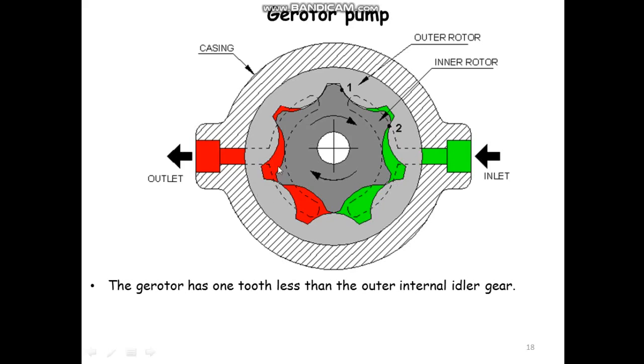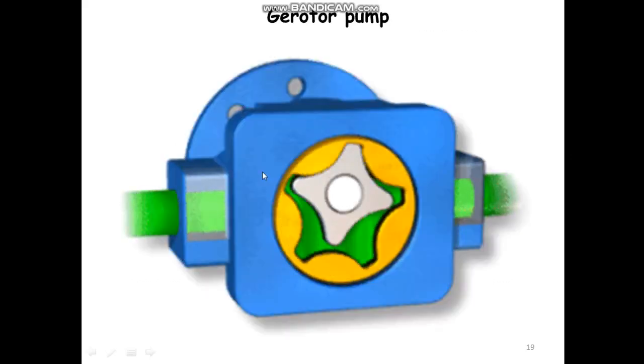So automatically the pockets will be created because of this fashion, and liquid will be supplied where the gears unmesh, and the liquid will be delivered where the gears mesh. So this is the G rotor pump. You can see the animation over here.